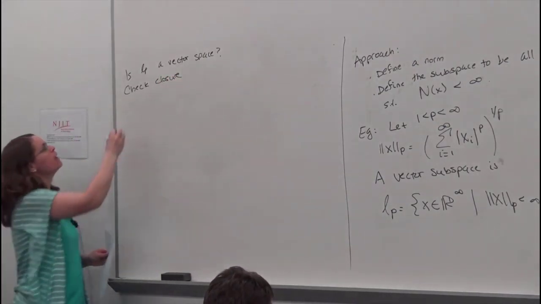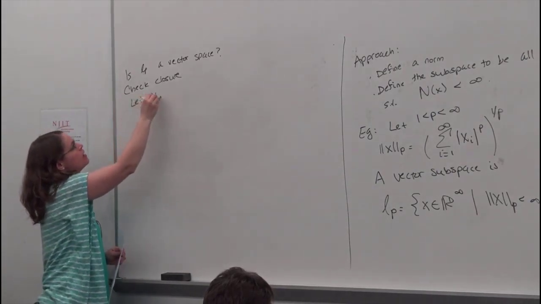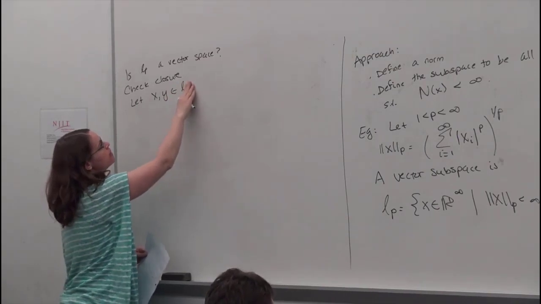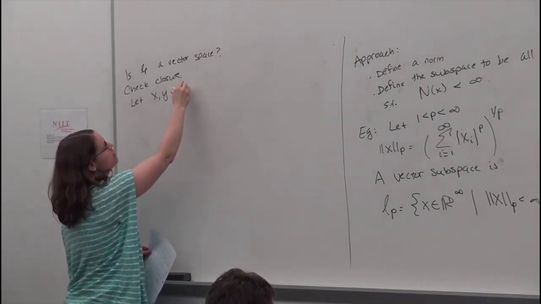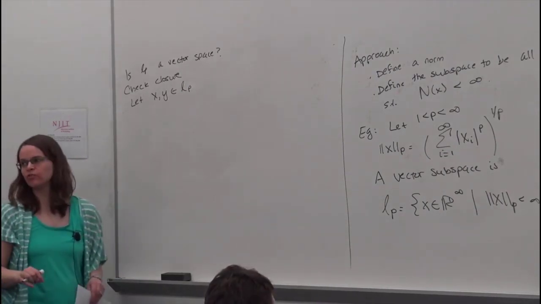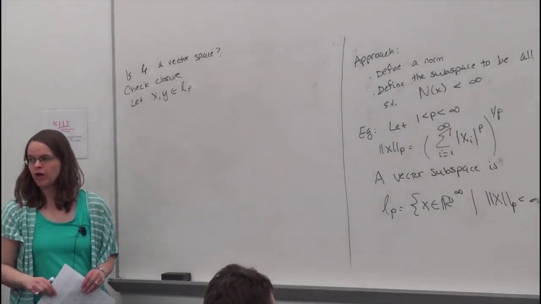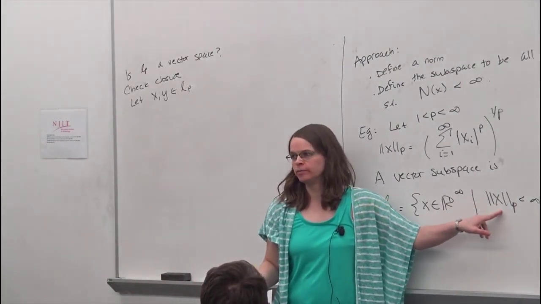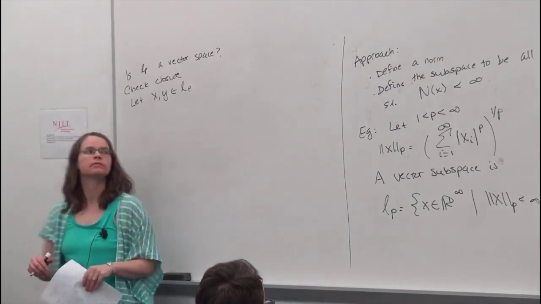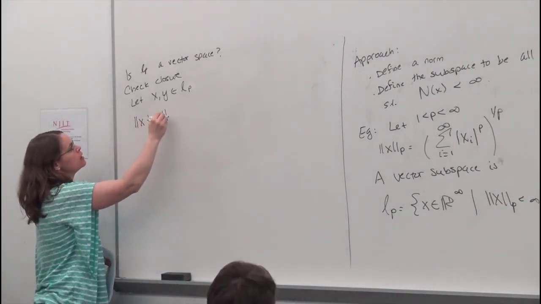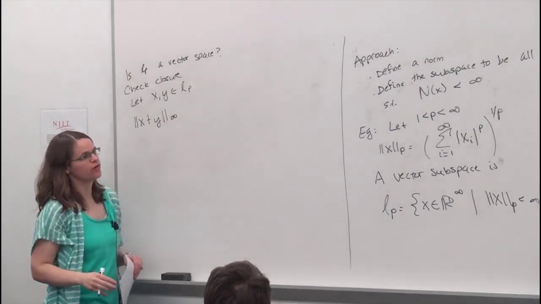Okay, so let x and y be elements of this space LP. I want to check if x plus y is in the space. So how do I check? I have to check that x plus y has finite norm. We want to know if this has finite norm.